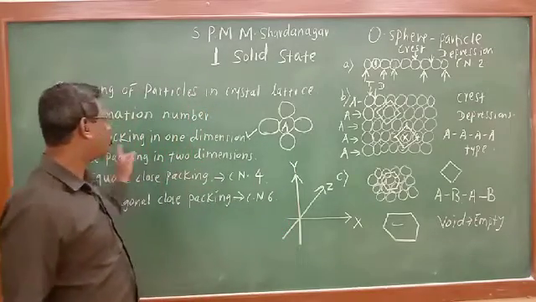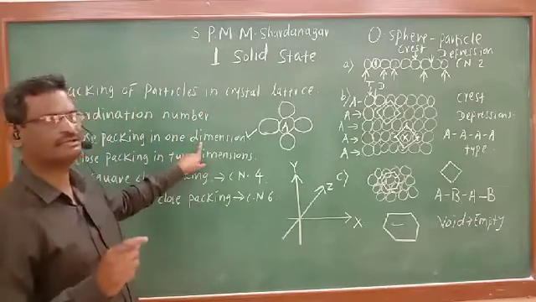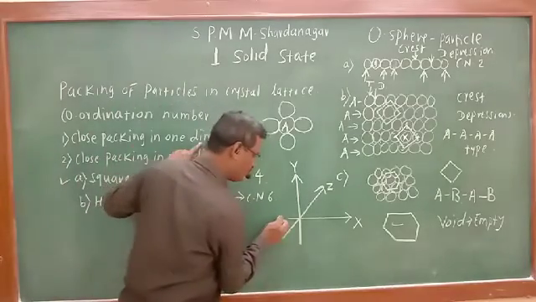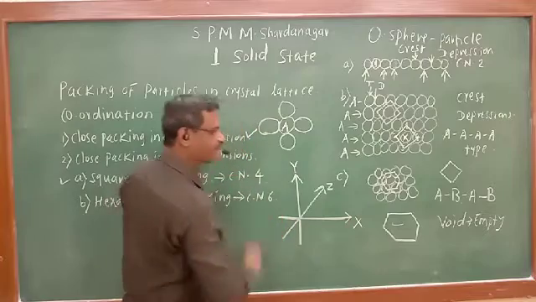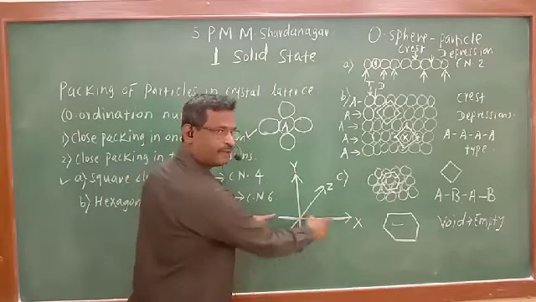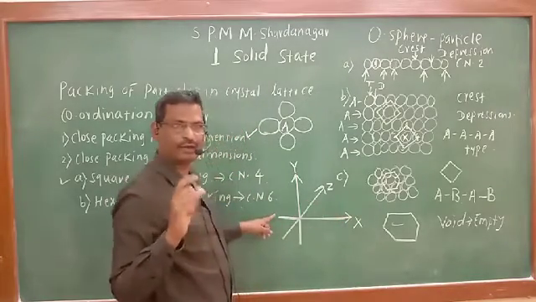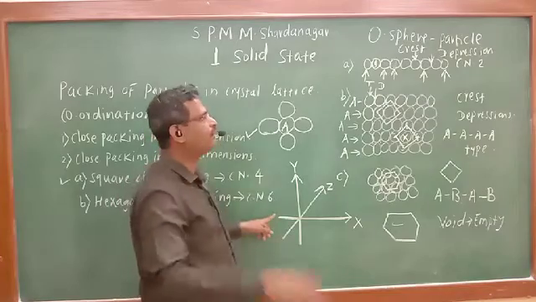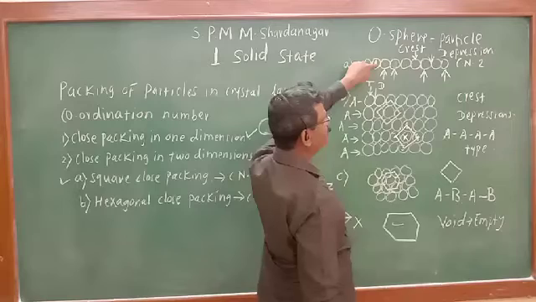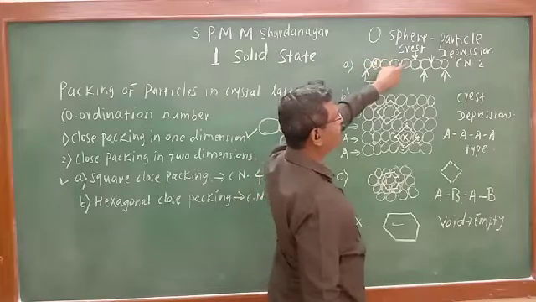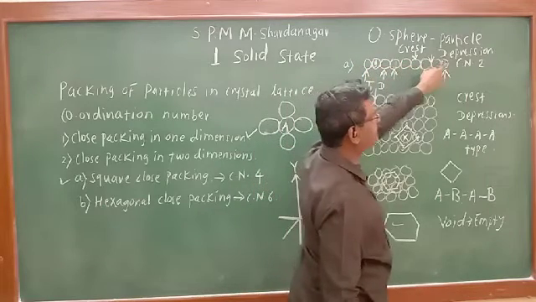In three-dimensional structure, the bond angle is 90 degrees. So, how does close packing take place in one dimension? It is only one dimension, the x-axis, only one axis, and spheres are following one by one in only one dimension. So this is the first sphere, followed by second, third, fourth, fifth, sixth, 7, 8 and 9.